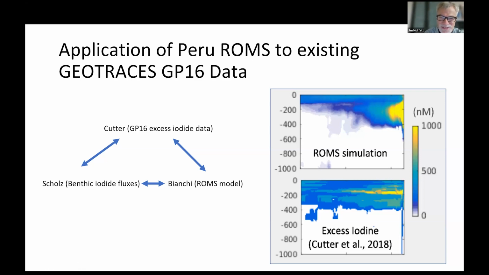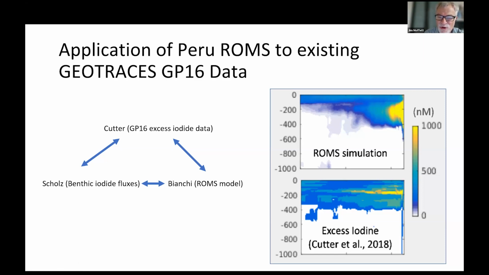Now, this is what I would call an after the fact interaction, in the sense that this was Daniele applying data from geochemical measurements from cruises that had already taken place.